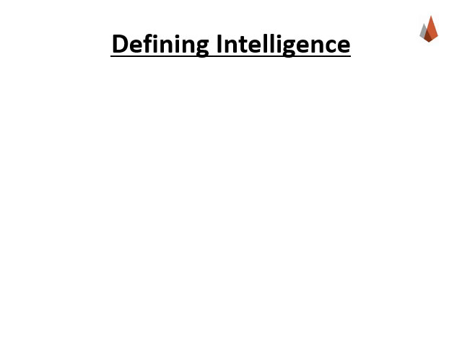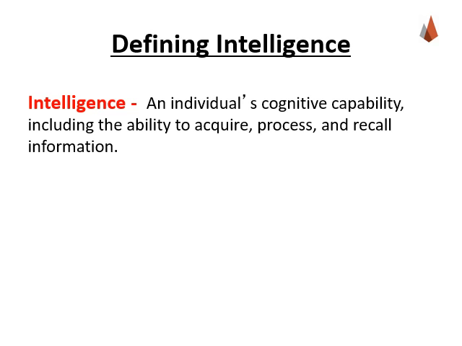So now we get to define intelligence, and intelligence really can be defined in many ways. We'll just go for an operational definition right now. But intelligence is that cognitive capacity to acquire, process, and recall information.